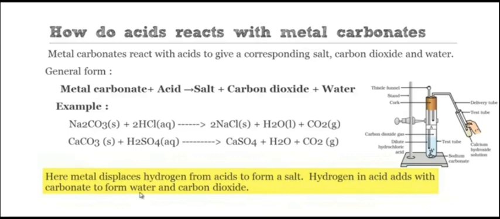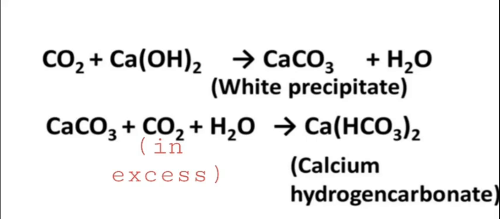So what happens here, students? Metal displaces the hydrogen from acids to form the salt. The hydrogen in acid combines with carbonate to form water and carbon dioxide. So we discussed that carbon dioxide gas is evolved when metal carbonate reacts with acids, right?